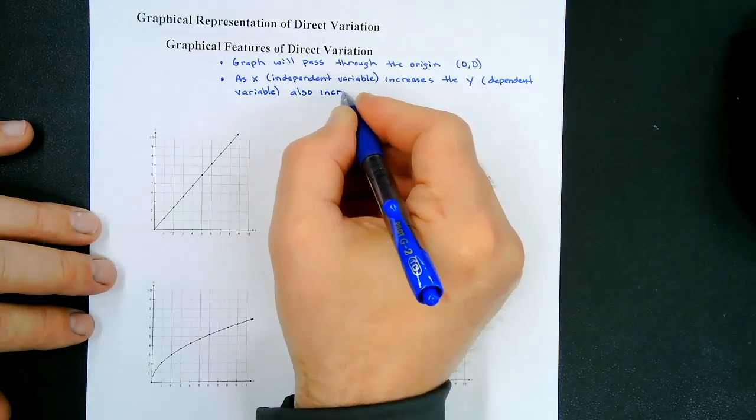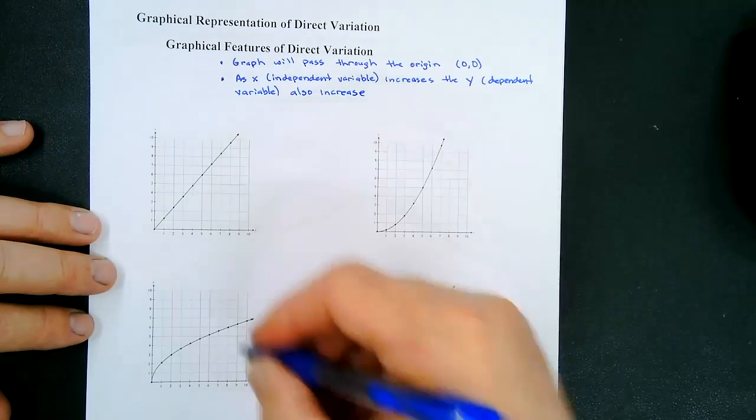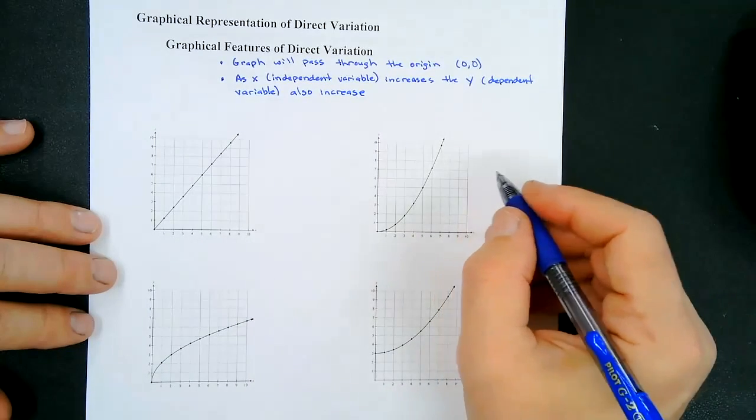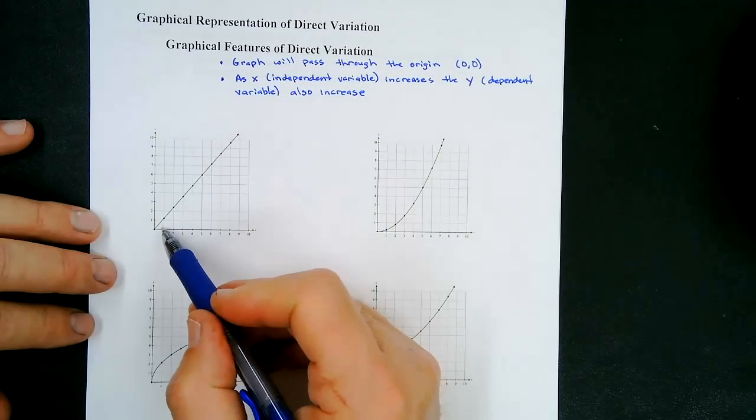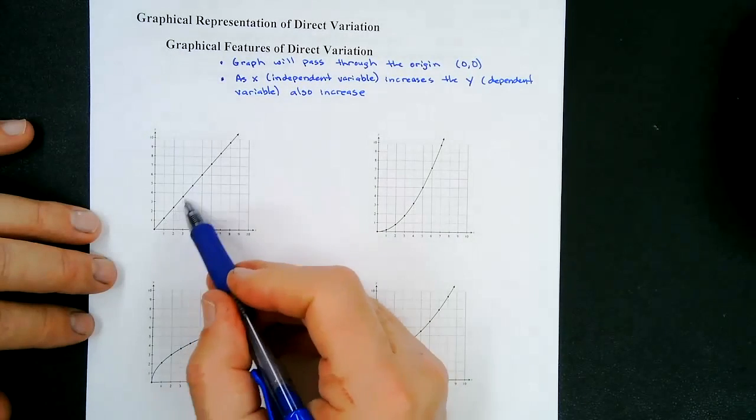So this is one of those features that if you increase one, the other one will increase, okay? So if you look at this first graph, all right, as x increases, the y is also increasing.